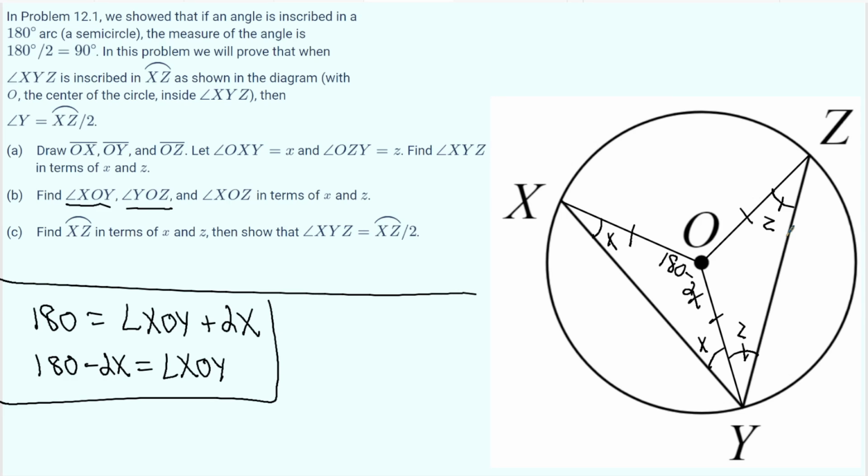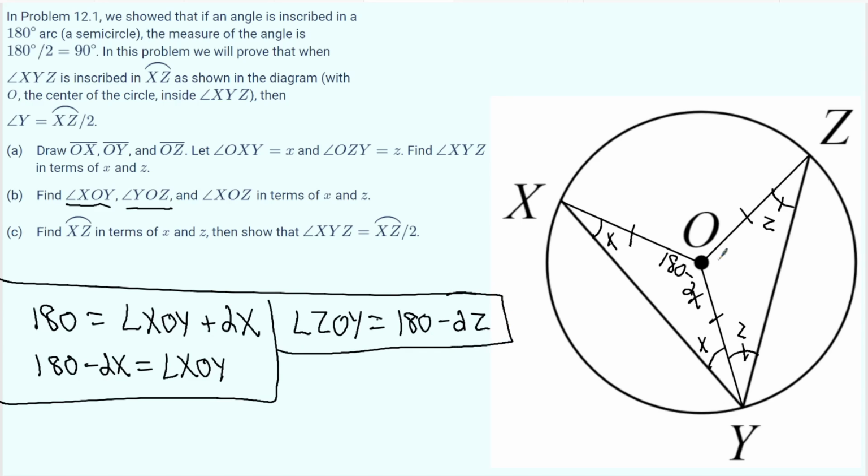You can write the full equation out like I did in the first part, but I'm just going to go ahead and say angle ZOY is equal to 180 minus 2z, by the same exact process that got us the value for angle XOY.